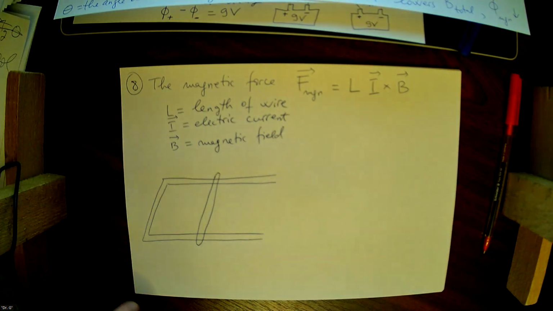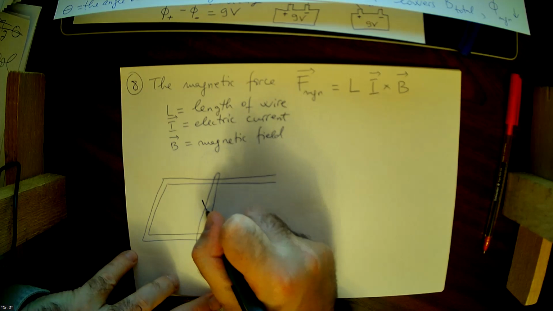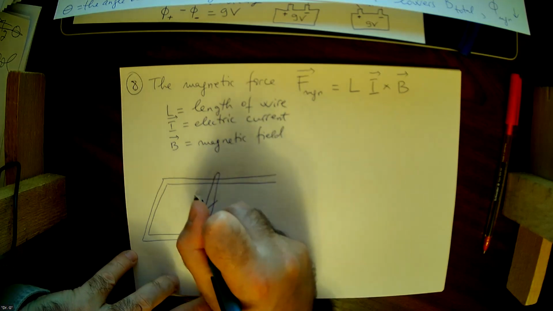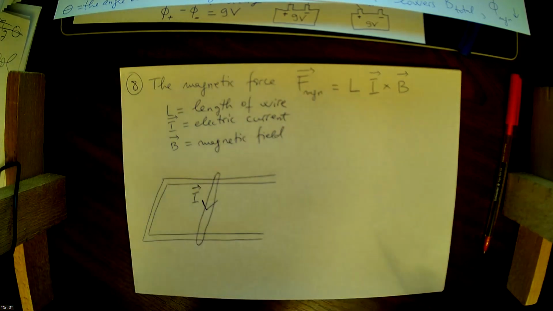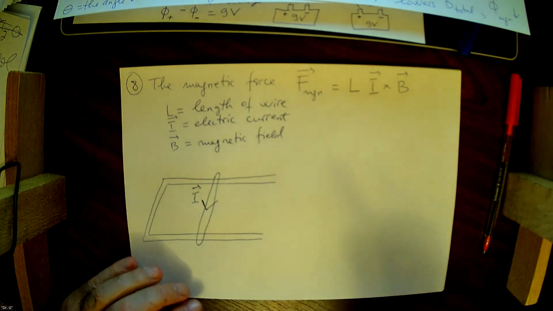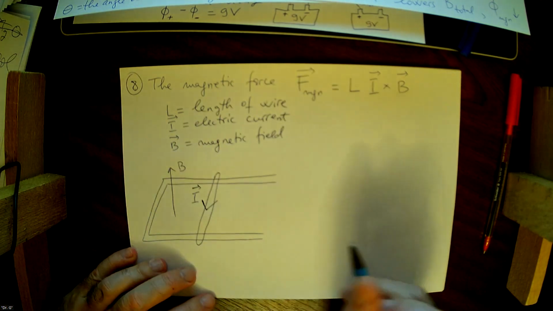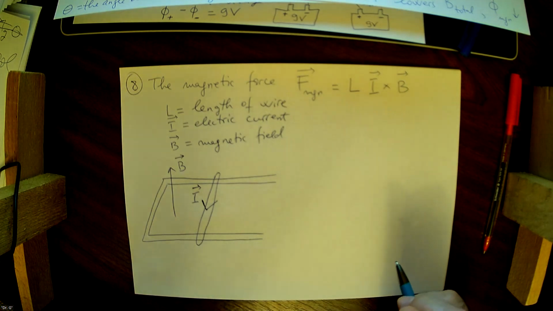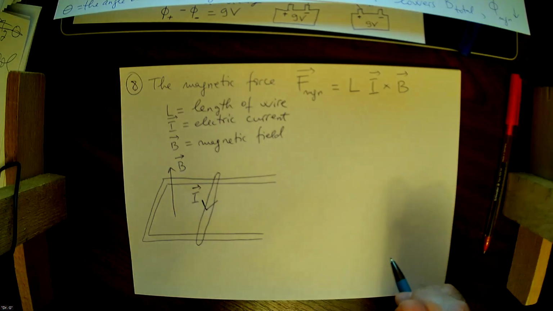Okay, and this time I'll say through this metal rod, I have a current I. And the system is in an external magnetic field B. Now what is the direction of I cross B?